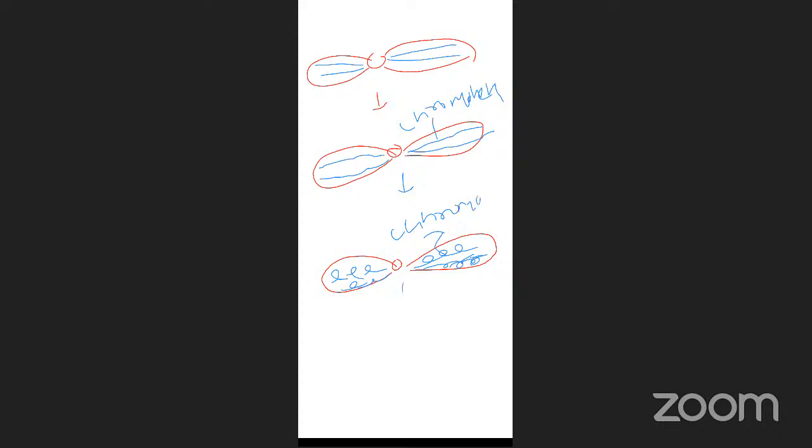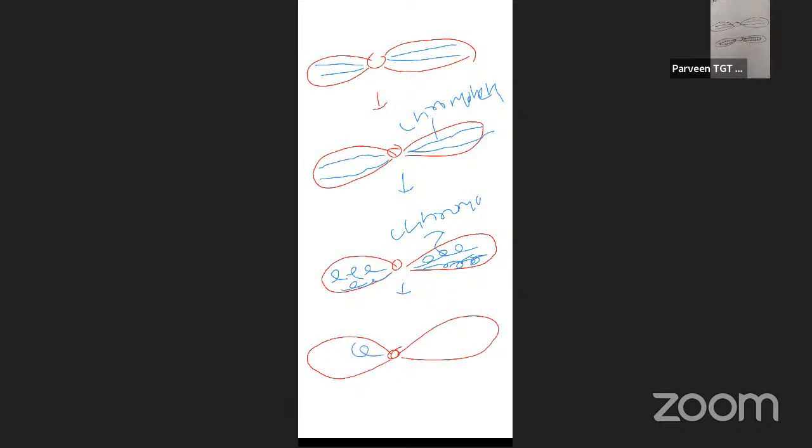They are highly condensed. I had drawn that. So tell me, I'm showing the chromatin structure. Is it clear?